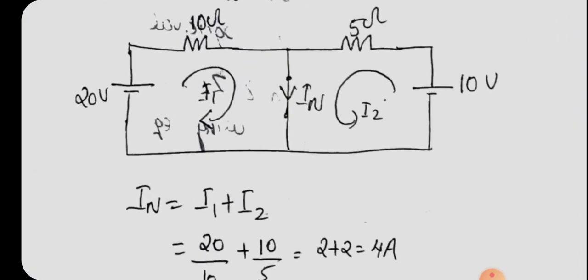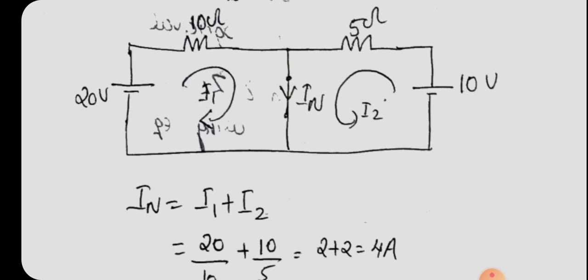Here the terminals A and B are short circuited by placing a short circuit, and the current through that short circuit is IN, and there is a 20 volt battery, 10 volt battery, 10 ohm resistance, 5 ohm resistance, and IN is placed in between A and B. So it will be short circuited and there will be a short circuit current IN, and we have to find out the value of that IN.